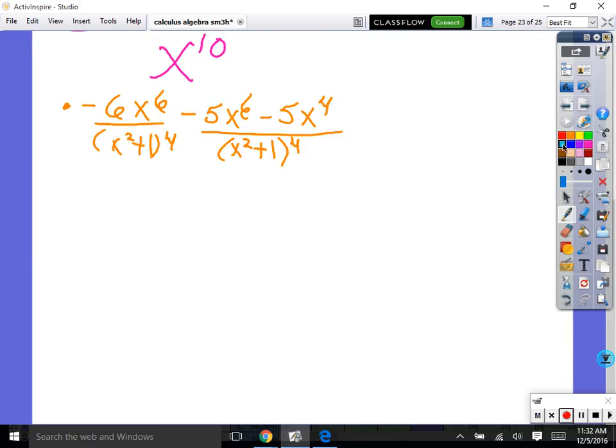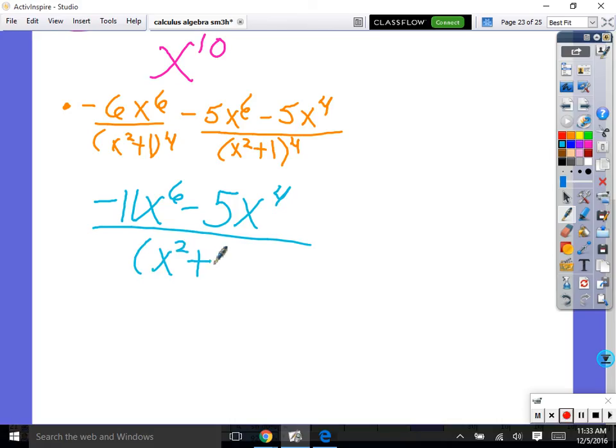Okay. So now I'm showing all my work so I don't mess up. Now aren't I going to combine the top, like terms? Negative 6x to the 6 minus 5x to the 6 is how many x to the 6? So we have negative 11x to the 6 minus 5x to the fourth all over x squared plus 1 to the fourth.